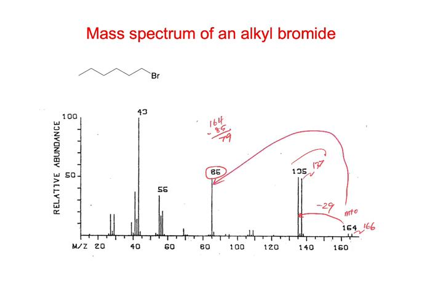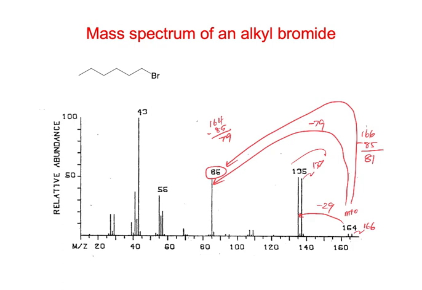But if we go from 166 to 85, 166 minus 85 is 81. So we have one molecular ion that has bromine 79; we lose that, we get 85.